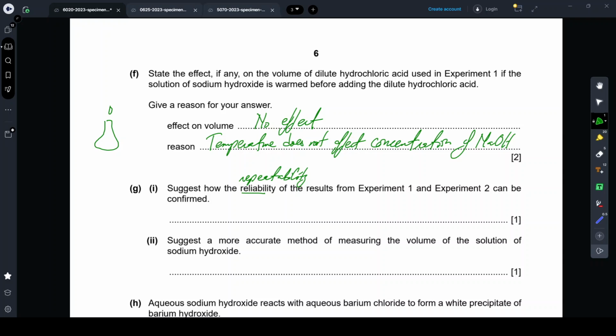Right, R and R. So repeat the experiments. Another thing, and compare results. Okay, so you need to mention repeat and compare.